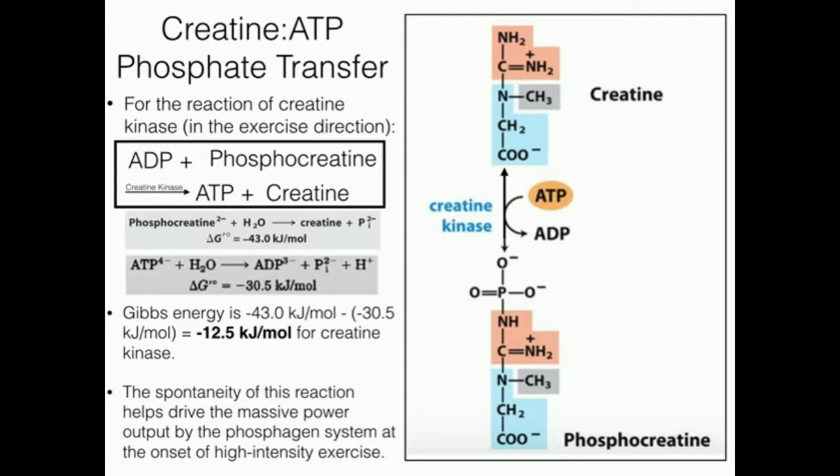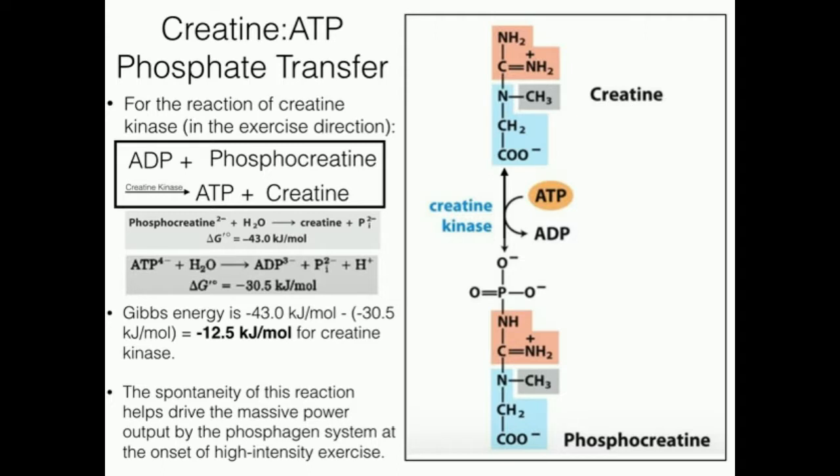For the reaction of creatine kinase in the exercise direction, because this is a reversible reaction, we're going to run this from phosphocreatine to creatine. What that's going to do is take phosphocreatine, transfer the phosphate back to ADP to regenerate ATP, and we'll get back creatine. Now what this serves to do is generate ATP very, very quickly.